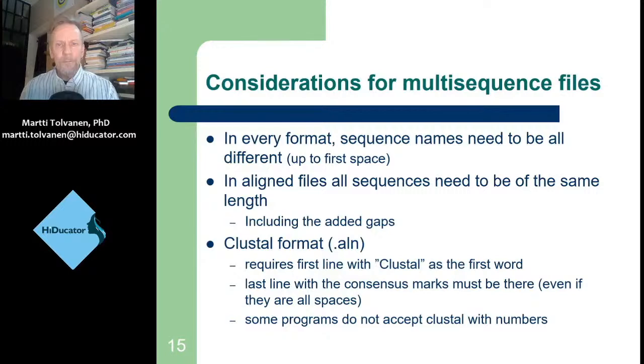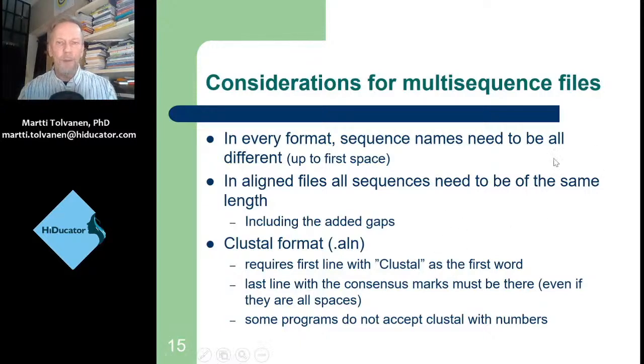And now the numbered Clustal format is sometimes refused. There are programs which just don't recognize Clustal with numbers because it's a new thing that's been around only for 15 years or so, and not every program has had time to update their definitions.